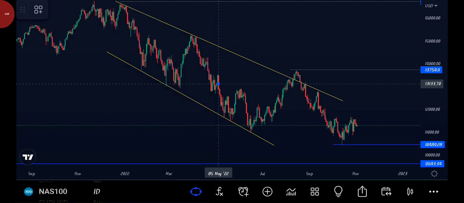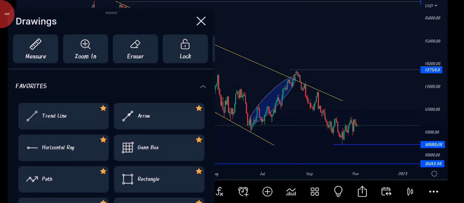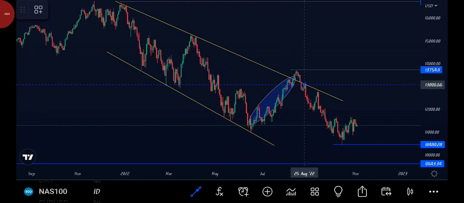Okay, let me show you this one over here. To me, this one is a corrective move. This move is very corrective. So after every corrective move, we should have an impulse to the downside, which is this one. And currently we are correcting.